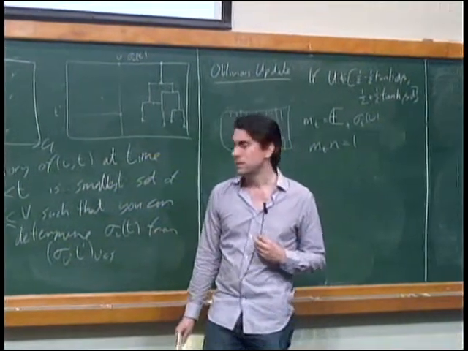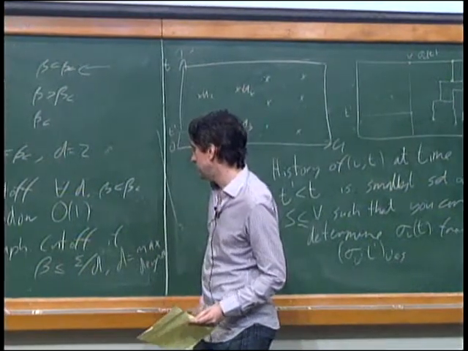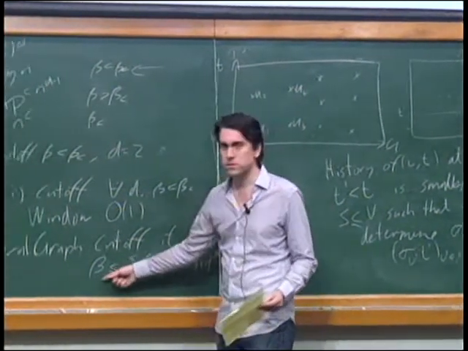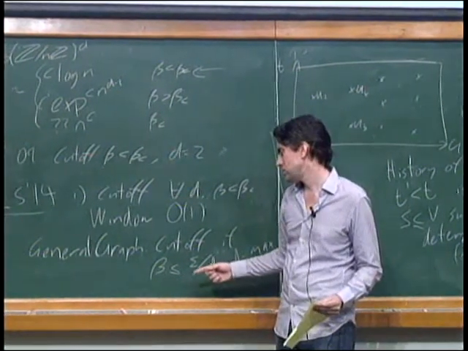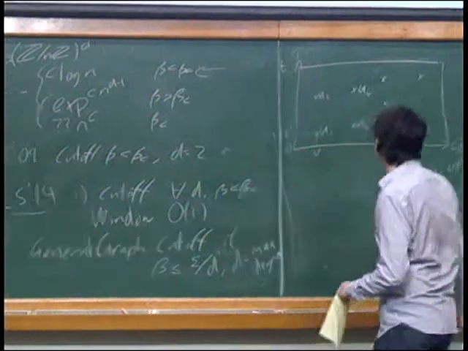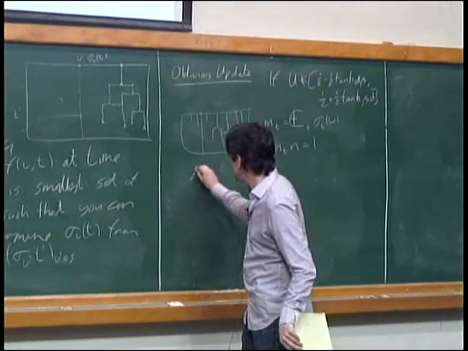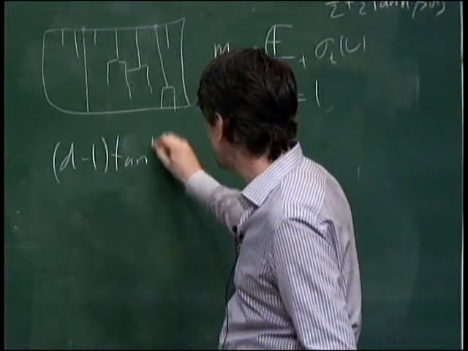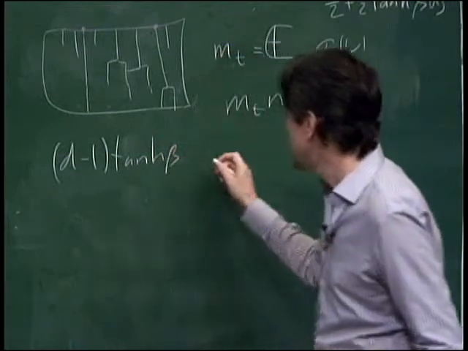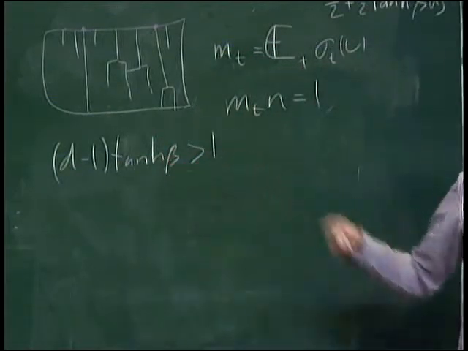So actually you can show that if d minus 1 times tanh of beta is greater than 1, then you can have exponentially slow mixing.